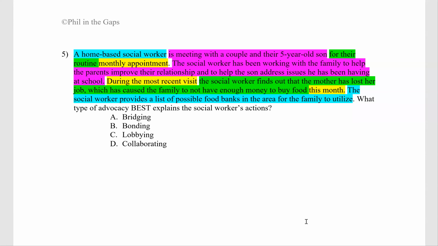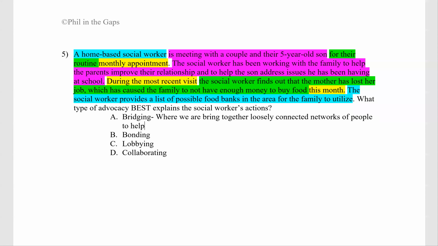So let's look at each answer choice and compare it back to the question to see what we're looking at in this given moment. A, bridging is where we are bringing together loosely connected networks of people to help benefit and satisfy needs in some way.